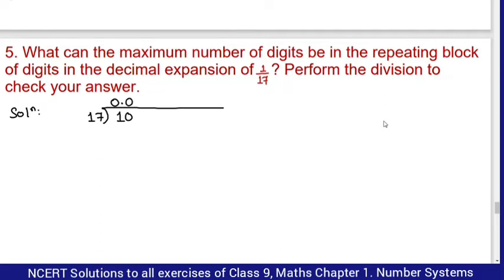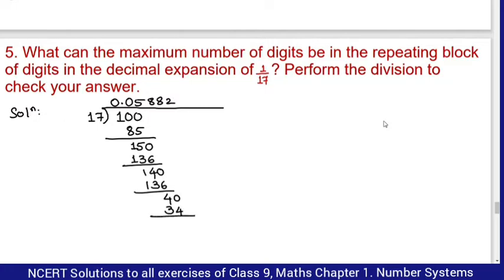Take 0, then again 0, it will be 100. 17 5s are 85. Remainder is 15. Then 17 8s are 136. Remainder is 14. Again 17 8s are 136. Remainder is 4.